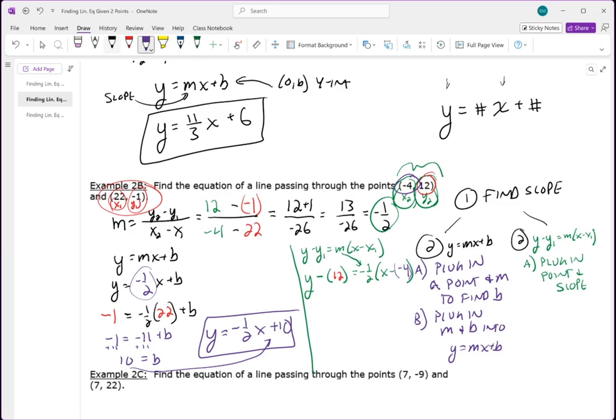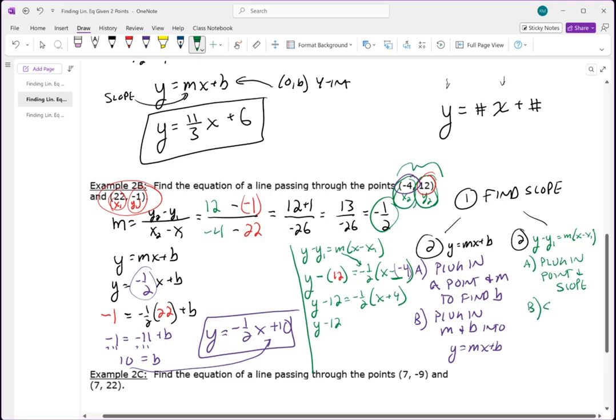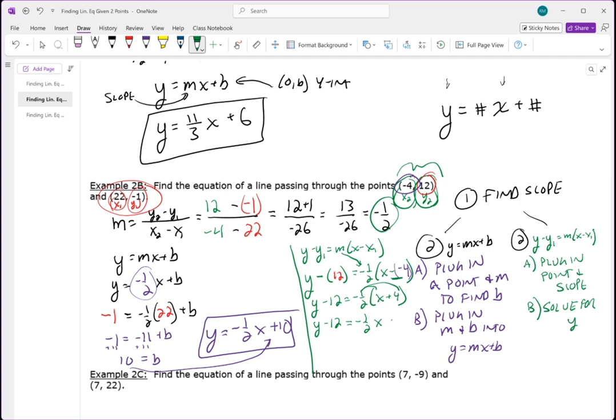So again, we have the issue of having lots of negatives here, so I'm going to go ahead and just clear that up. Minus a negative is going to end up equaling x plus 4. Then my next step is to just solve for y. So I'm going to end up having to distribute negative 1/2 x. 1/2 times 4 is going to be 2.